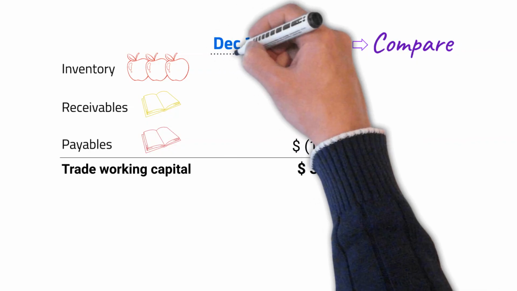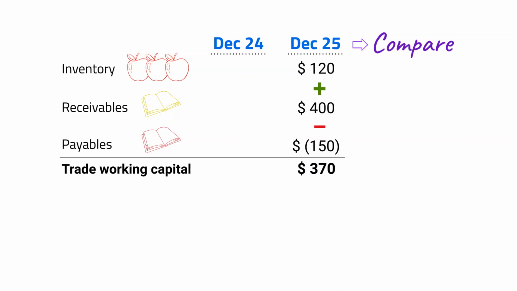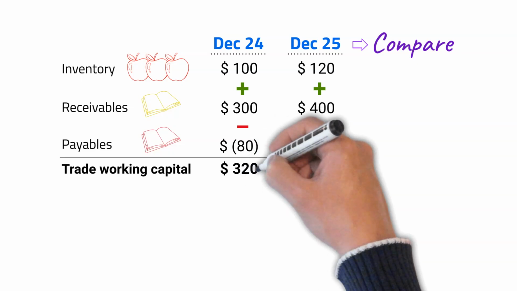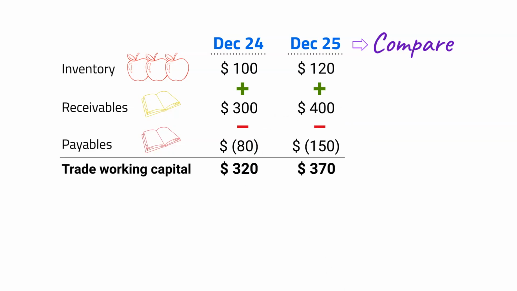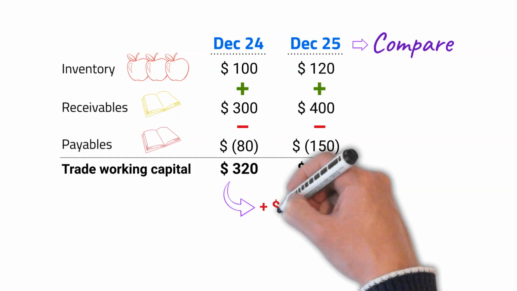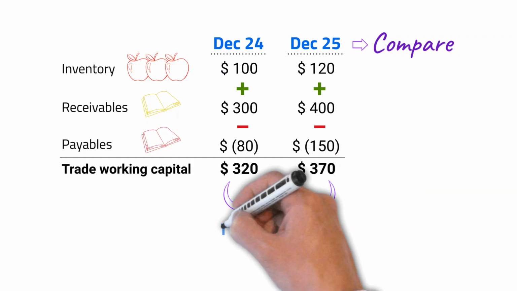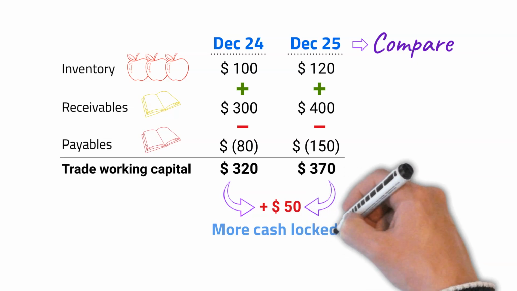Let's add another data point for December 2024, where we had the following: inventory of apples and jam 100, trade receivables 300, trade payables 80, and total net working capital of 320. So, net working capital increased from 320 last year to 370 this year. This means we have $50 more locked in it.